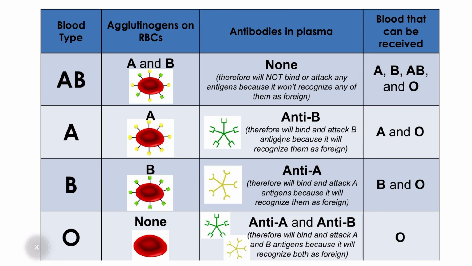So this is not something that I'm going to test you on, but especially for those of you who are interested in the medical field or just want to know how your blood works, I'm just going to quickly go through this so you know what your blood type means.